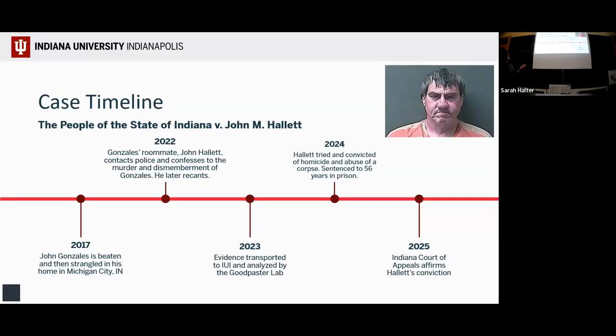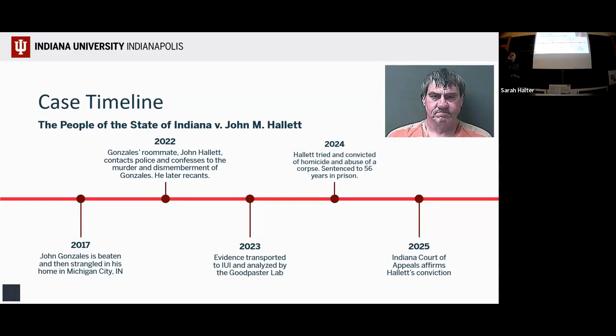It wasn't until 2022 that he, just out of the blue, calls his local police department. He lived in Washington State at the time and said, "I killed this guy in Michigan City, Indiana in 2017." The police take these calls, he came in, and they did some interviewing to get more details.